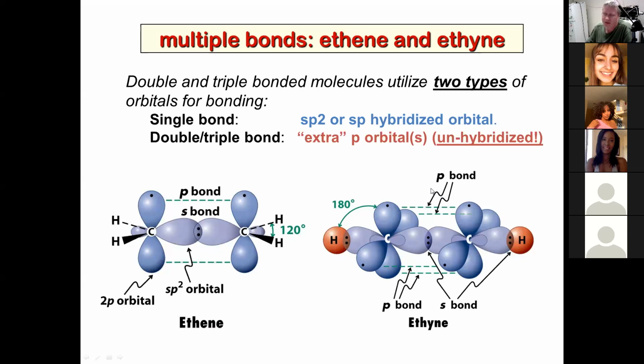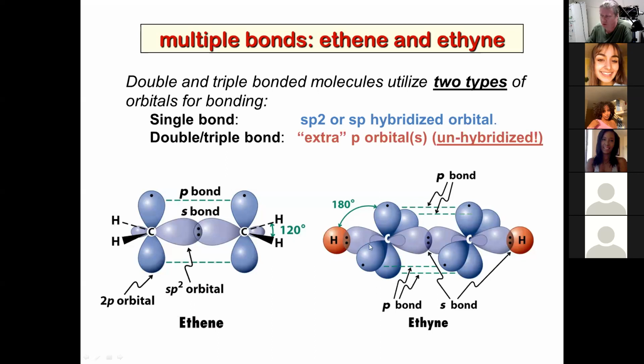Because you have to remember, if it's sp, this whole thing is sp, right? You have three p orbitals. One is in the sp hybridized orbital. You have two additional p orbitals. One is going up and down. That's your second bond, up and down, right? And then you have the other p orbital, which is going back and forth.